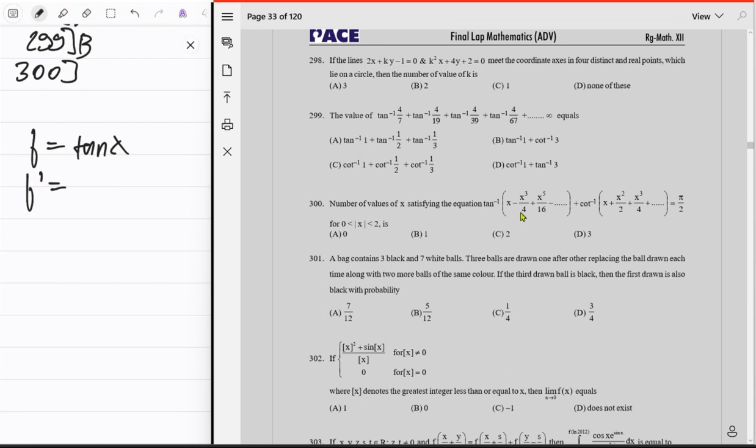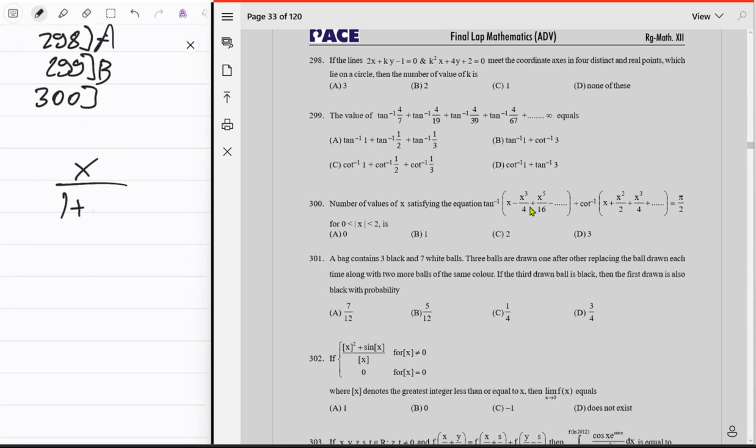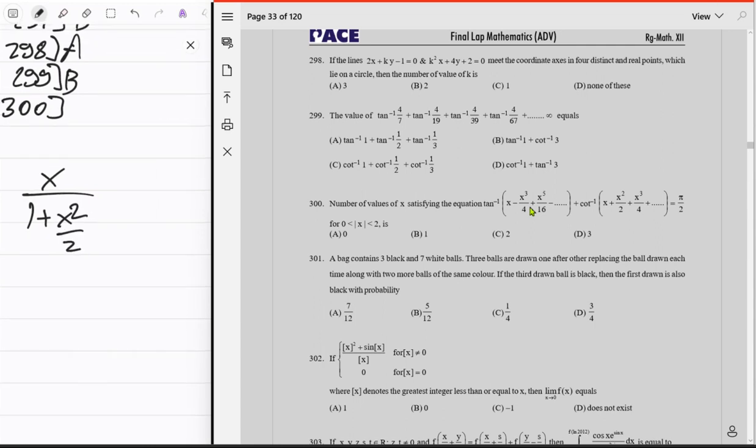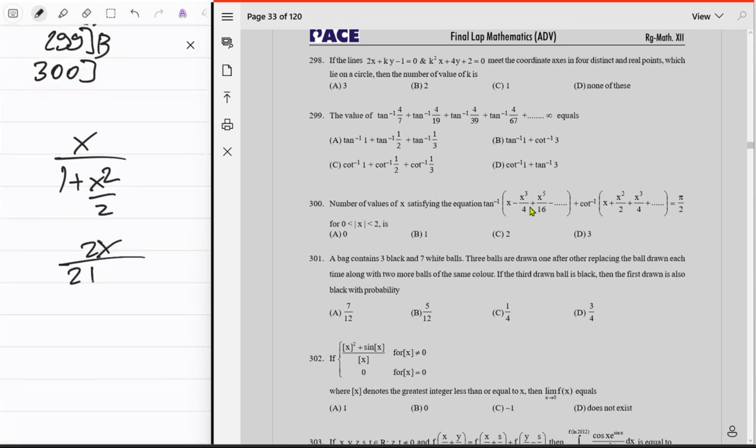Oh god. Wait, I am starting to understand क्या हो रहा है. पहले इसमें से x कॉमन ले लिया, just what, 1 minus x square upon 2 plus x square upon 2 का square. Okay, yeah, understood. So it's like this thing, x upon like 1 plus, god, 1 minus r is like 1 plus x square upon 2. I believe that's the thing. So yeah, so पहली चीज बस ये है, which is 2x upon 2 plus x square.